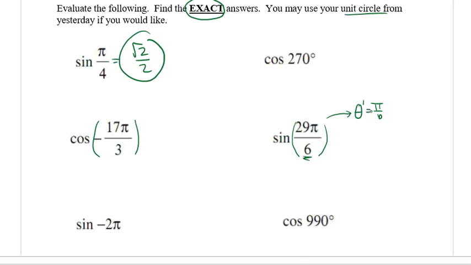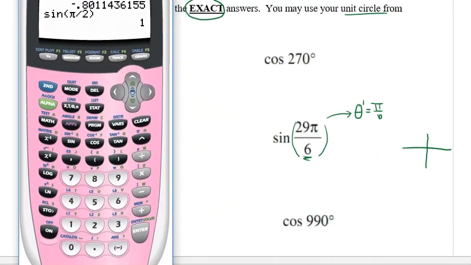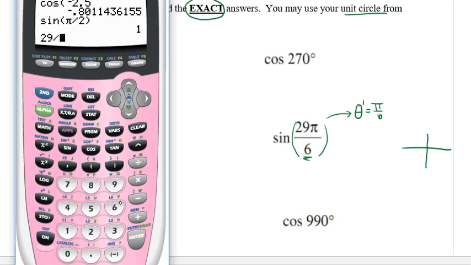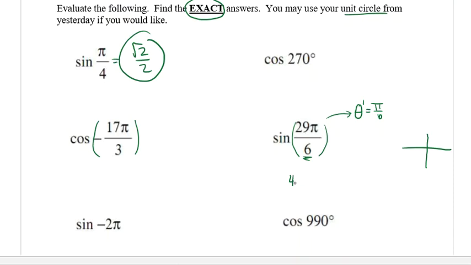Sine of pi over 6 is going to be 1/2. So this answer is either going to be positive 1/2 or negative 1/2. The next thing I need to figure out is which quadrant it's in. So 29 over 6, I'm going to use my calculator for a moment: 29 divided by 6 is 4.83, roughly, repeating on the 3.